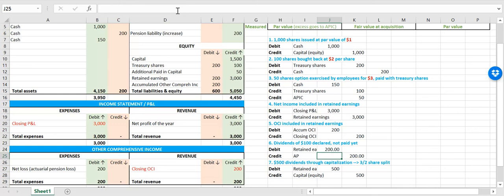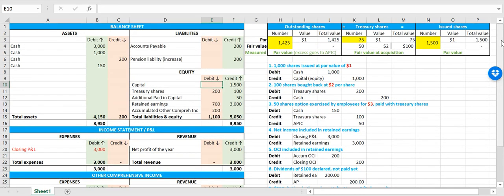So we're taking 500 out of retained earnings and sending it to capital. That's what happened here. As you can see, in the capital, we only mind the par value. Our treasury shares remain unchanged. I hope this clarified a little bit about equity transactions.